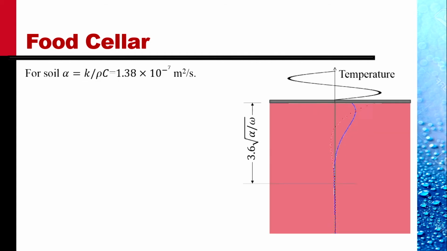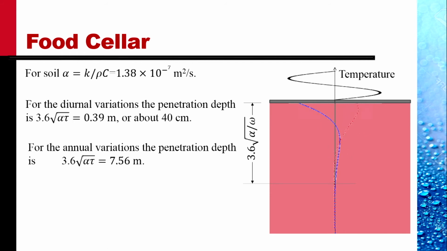For soil, the thermal diffusivity is about 1.38 times 10 to the minus 7 meters squared per second. For the daily variation, the penetration depth is 3.6 times root alpha tau, where tau is 1 by omega, related to 24 hours. This gives you about 0.4 meters or 40 centimeters.